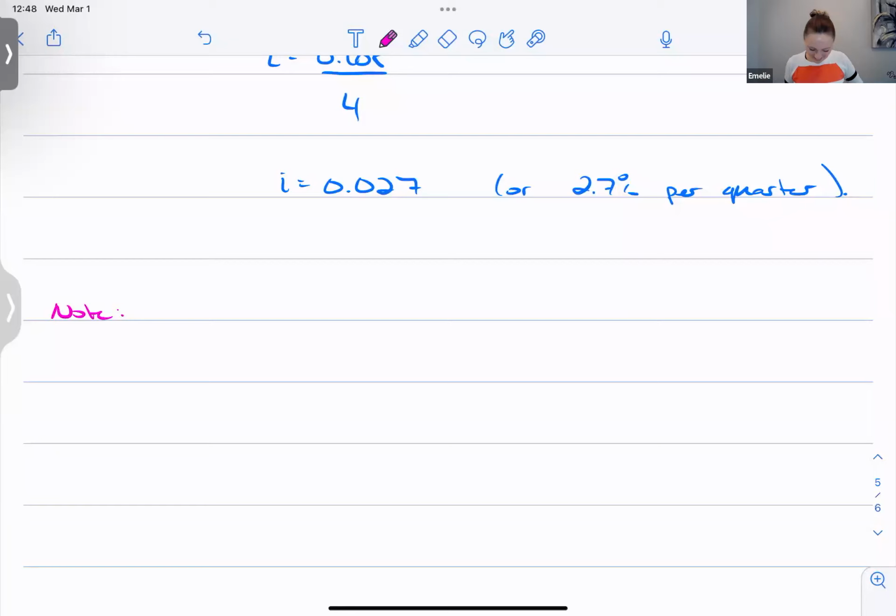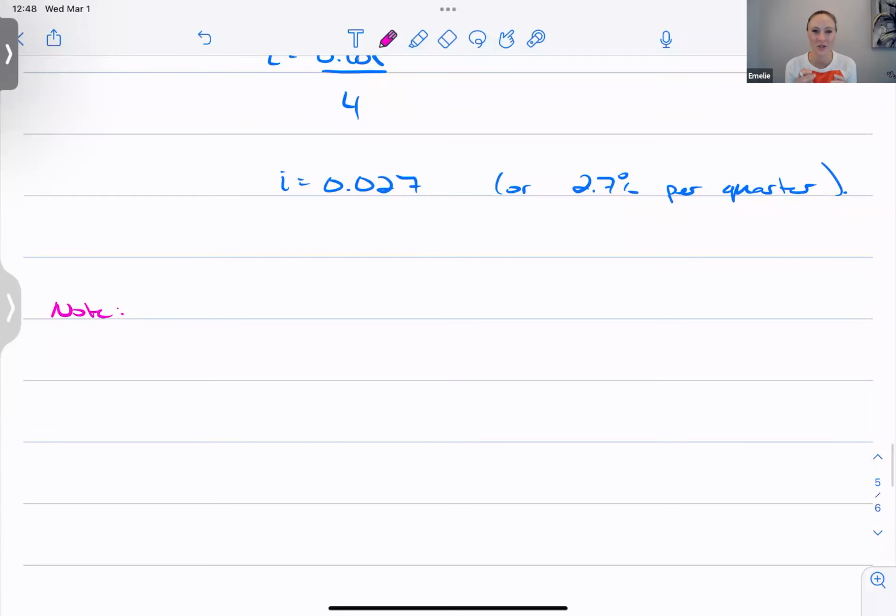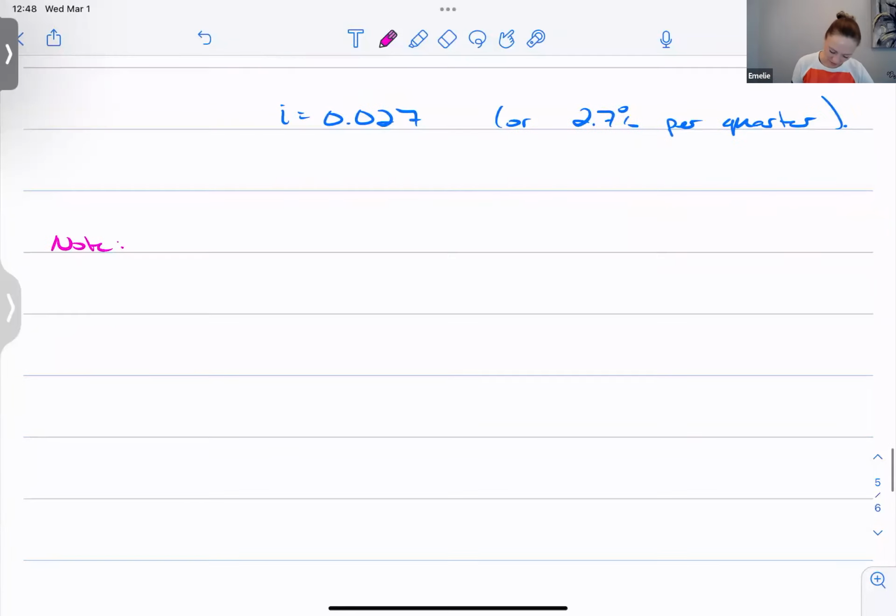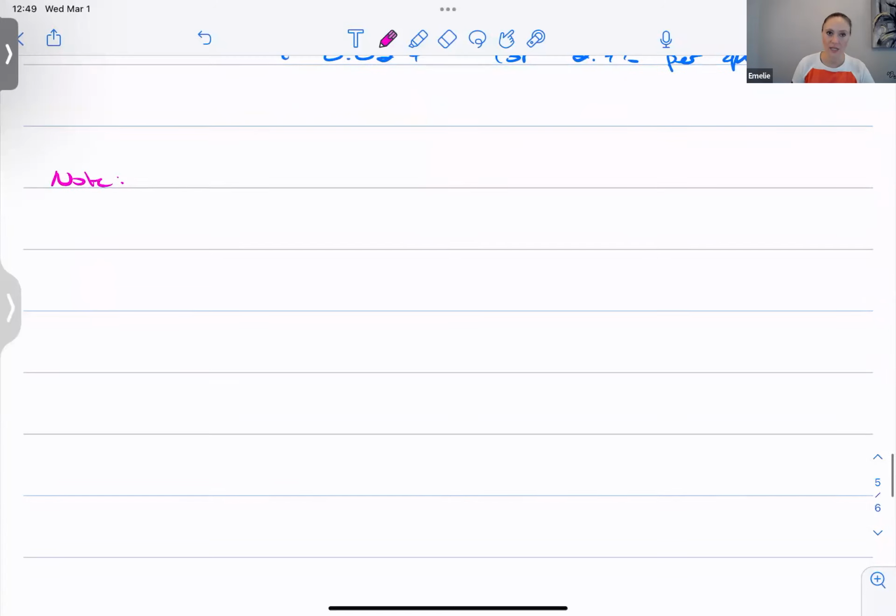Okay, so for compound interest problems, let's start with how do we know we have a compound interest problem? It will include some mention of compoundings, and it'll always be given. I'll show you how to solve for the number of compoundings, but usually that's not how these questions are going to go.